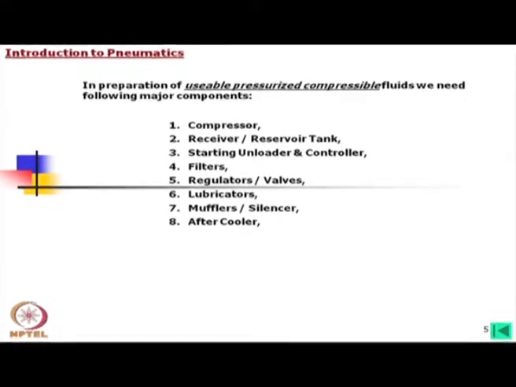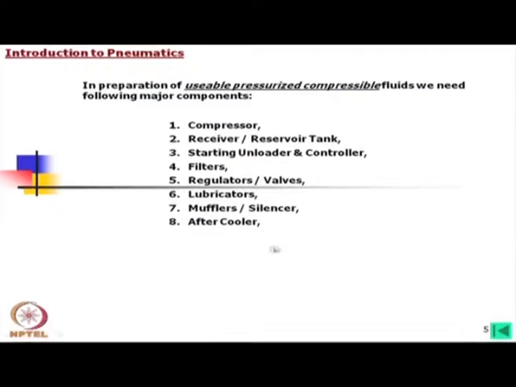In oil hydraulics, usually after the application we take the oil back to the reservoir, and before that we use the cooler. In that case, a cooler is used before utilization, but the term aftercooler is used after all the process, that means drying etc. Then the cooling is done and finally it is used.